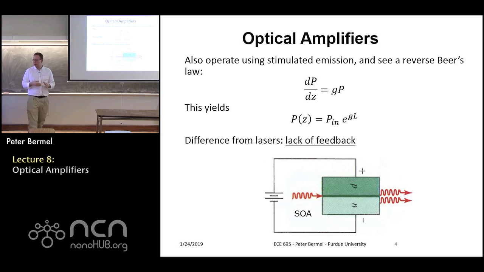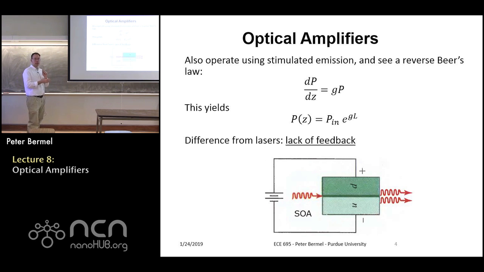So instead of having dP/dz equals minus alpha P, where P is the power, z is the distance along the optical amplifier, and alpha was the loss, now you have a positive coefficient g, which is your gain coefficient. That means that if it's a length L and you solve this equation, you get exponential growth in the output power at a distance L along the length. So basically, P_out is P_in times e to the gL, okay?